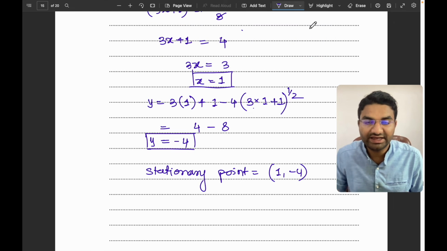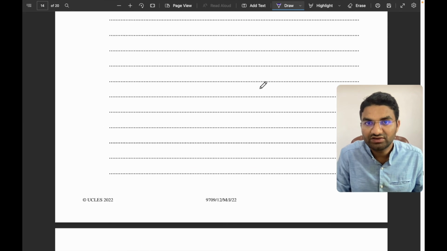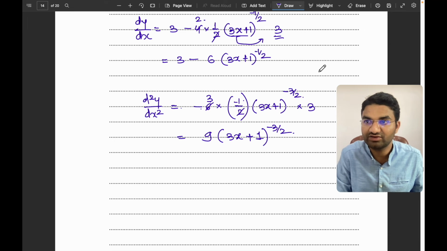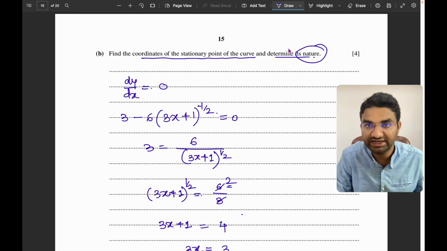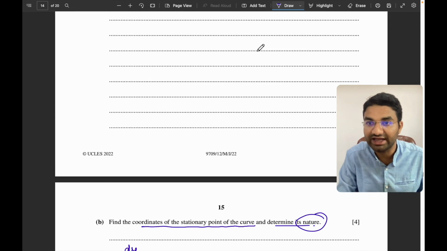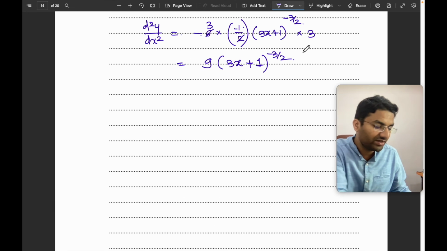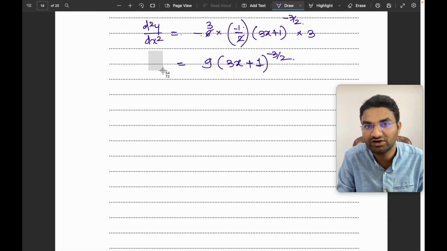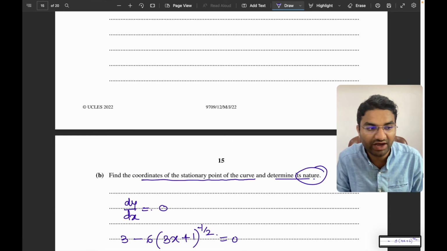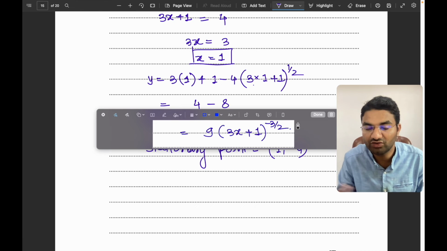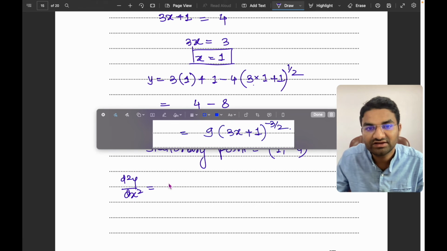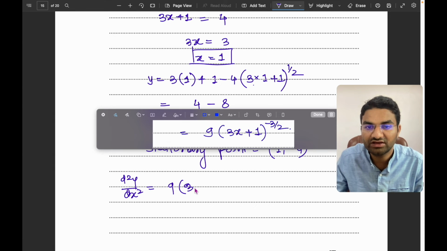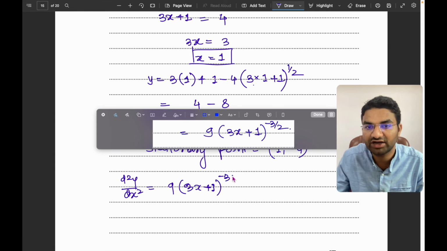That's it. Then the next part is to determine the nature, right? To identify whether it is a maximum or minimum, you need d2y by dx square, which you already found. So here, put x is equal to 1 in d2y by dx square, which is 9 (3x plus 1) raised to negative 3 by 2.